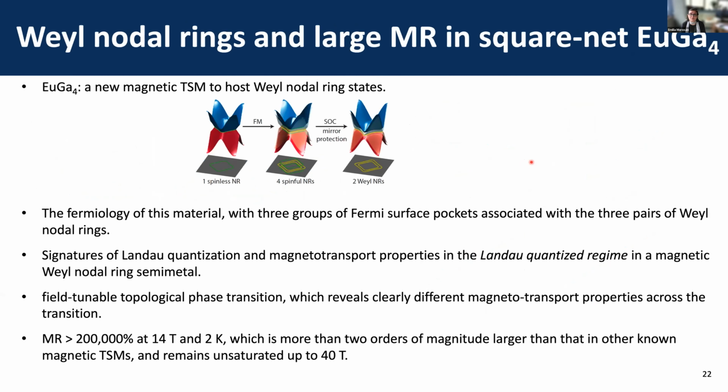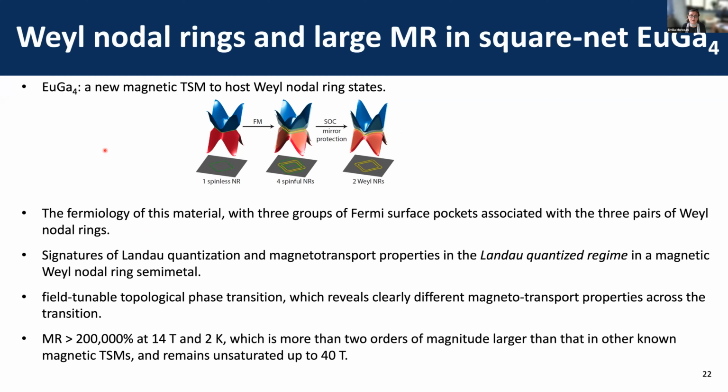So I'm going to summarize and maybe take some questions, but the key points that I want to leave you with in regards to europium gallium-4 and the square net lattice with mirror protection, with spin orbit coupling, and ferromagnetic or saturated paramagnetic state is that europium gallium-4 appears to be a new topological semi-metal to host binodal ring states.